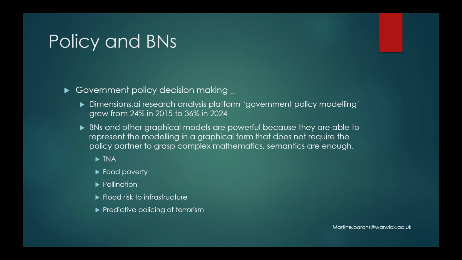So their risks are quite different, and there isn't a country exactly like theirs for them to copy. So it's all feeling their way. Other models of like kind: flood risk to infrastructure, thinking about whether climate change is going to increase the number of floods that we have, and predictive policing for terrorism.